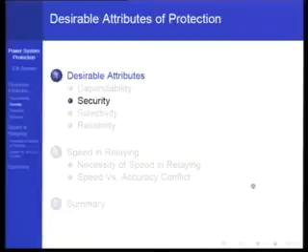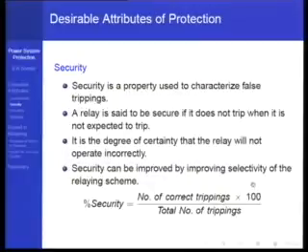The next important attribute that we need to worry about is security. Security is the property used to characterize false tripping, the other way around. Dependability is used to characterize the correctness of tripping. Security is the property used to characterize the incorrect operation of the relay.